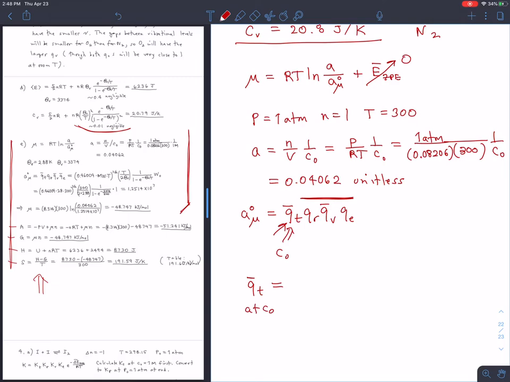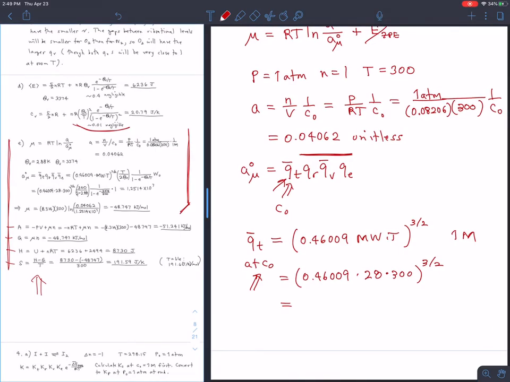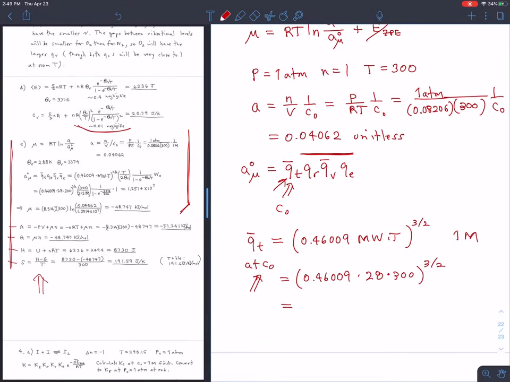At C0, we have this nice formula: 0.46009 times molecular weight times temperature to the 3/2 power if we're at a 1 molar standard state, which in fact we are here. So that formula works. That is 0.46009 times, for nitrogen, 28 times temperature of 300, all to the 3/2 power. I didn't calculate it separately. Well, let's calculate it then.